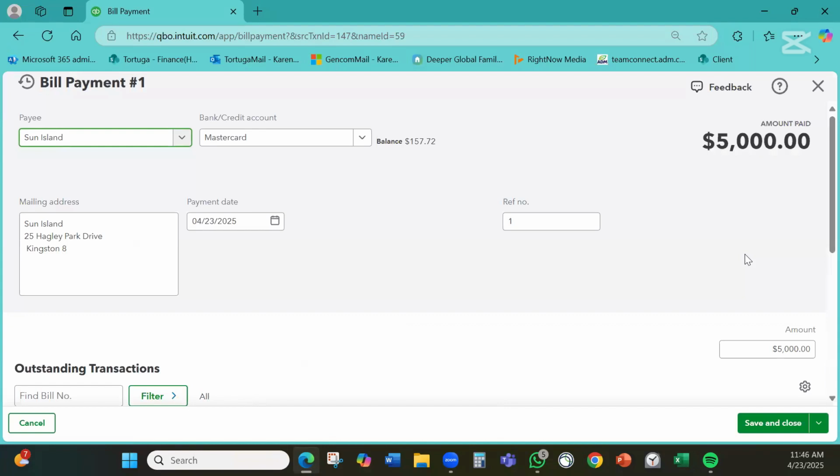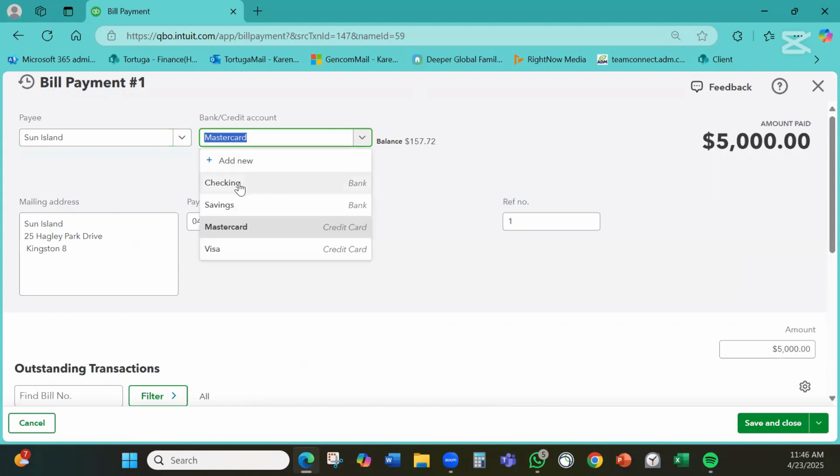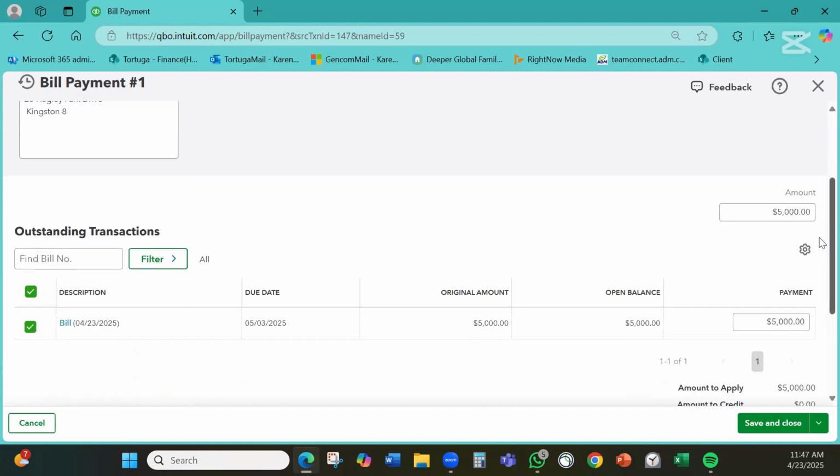So when you click mark as paid, this is how it comes up as bill payment, and it's going to be the same thing. How did you pay it? Did you pay it from your savings account or your checking account or Visa card or MasterCard, whatever it was. So let us say you used the MasterCard. When did you pay it? You paid it today. How much did you pay?